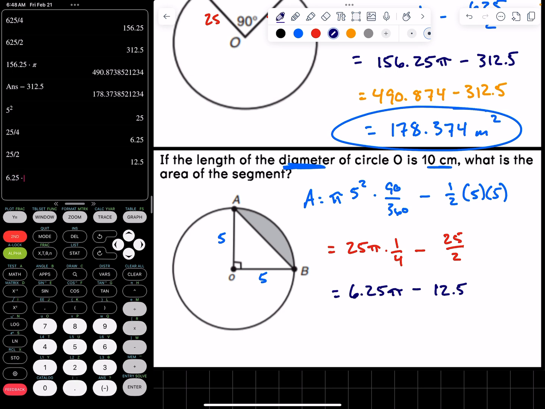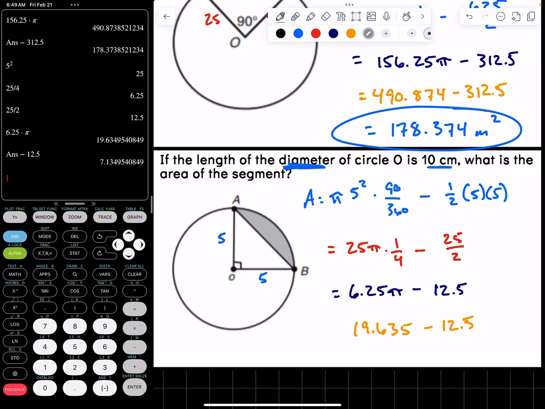6.25 times pi is going to give us 19.635 minus 12.5, and that'll give us 7.135.